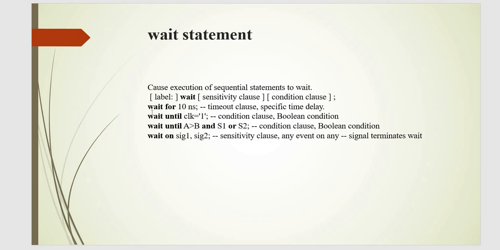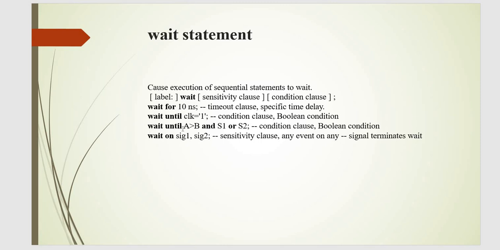One is wait for, like wait for 10 nanoseconds, a timeout clause where you can mention a specific time delay. The second one is wait until, related to clocking or some other control signal activity, for example wait until clock is equal to 1. This is a conditional clause and you can specify a boolean condition.